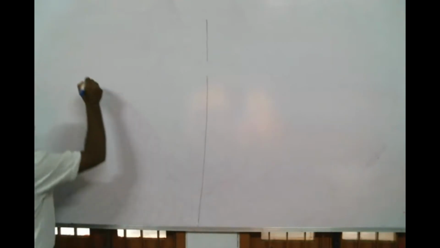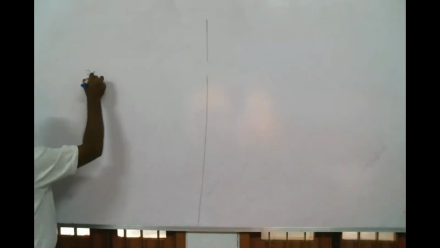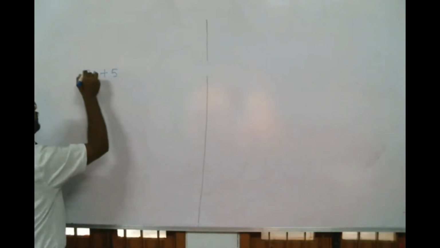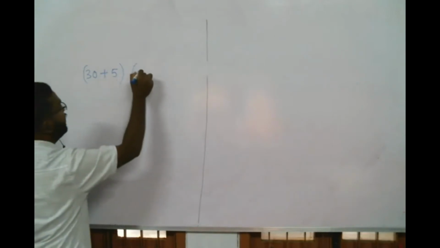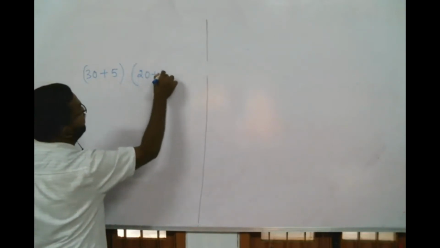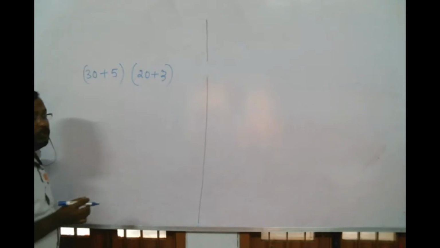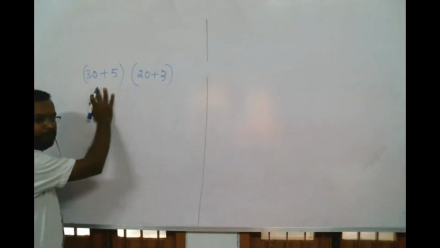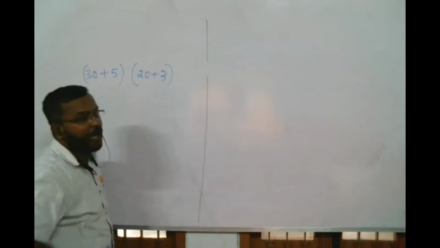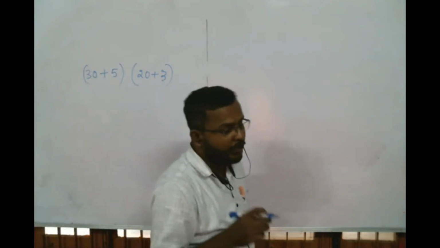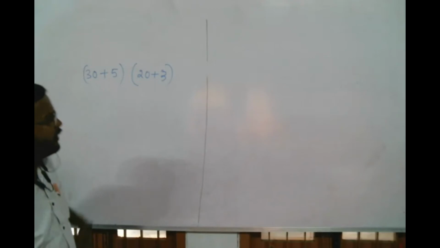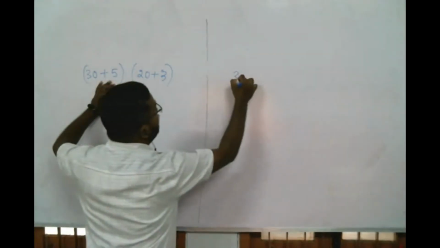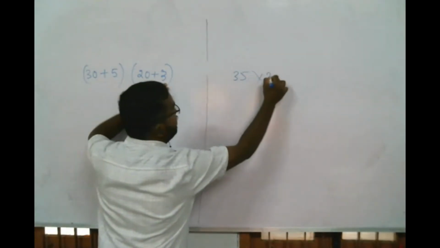Okay, so let us take this question. 30 plus 5 multiplied by 20 plus 3. Whenever we are having this type of question, here we have two terms and here also we have two terms. Or else, simply if you want to find your answer, 30 plus 5 you will get 35, multiplied by 20 plus 3 you will get 23.